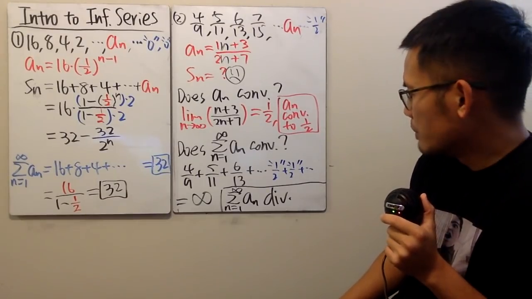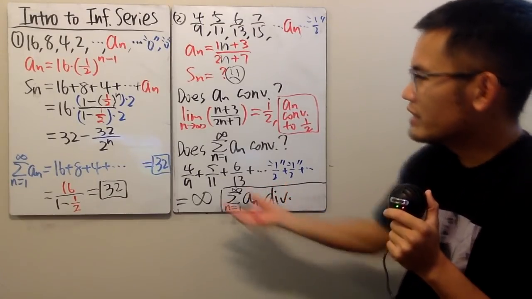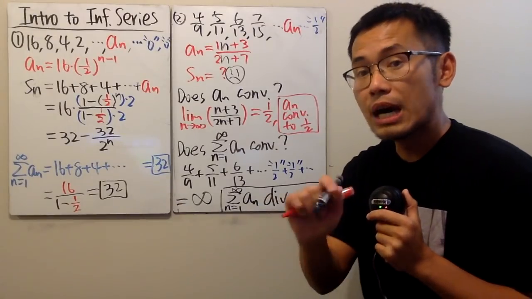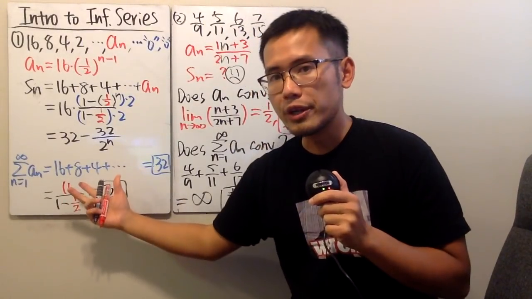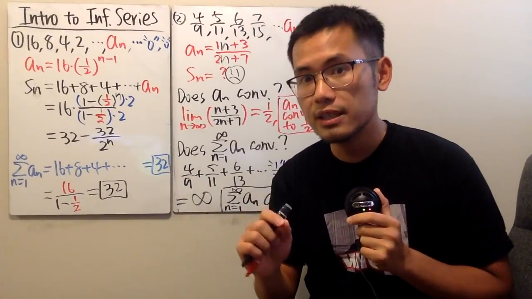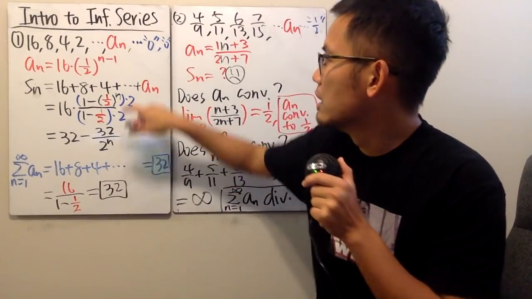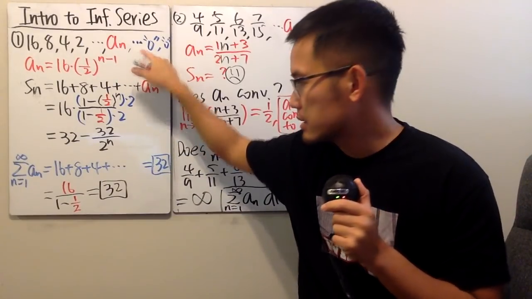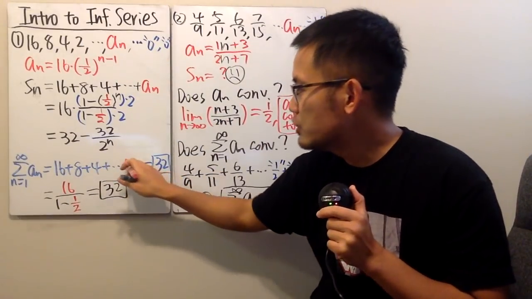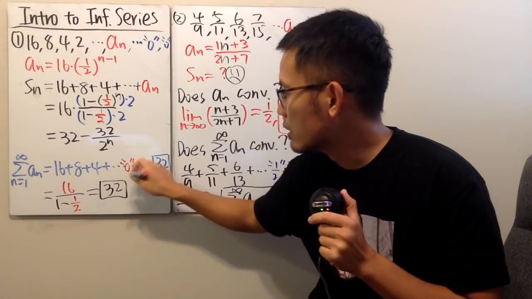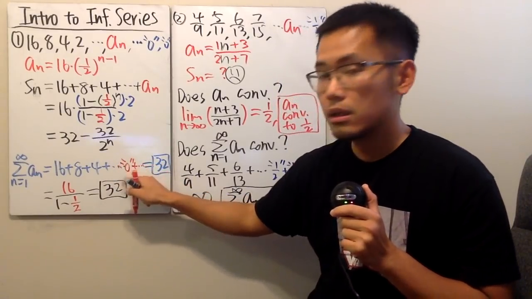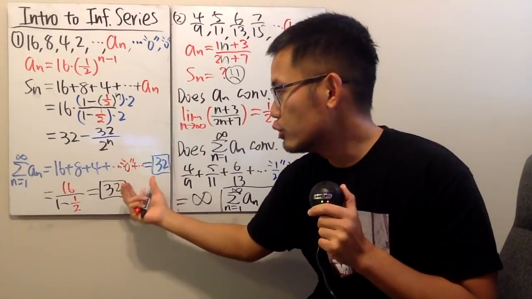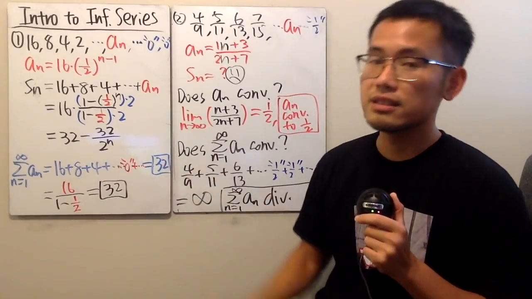Well, now you might be wondering, how come this one diverges, but this one converges? Now, here's the deal. This right here converges because an converges to 0. That means we are eventually adding a bunch of 0, which are not going to contribute too much to the finite sum.